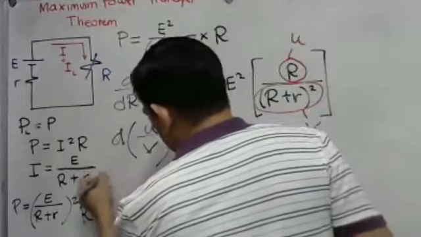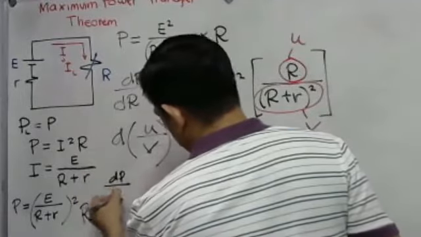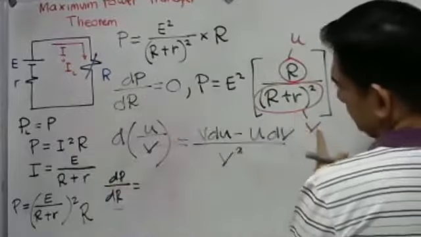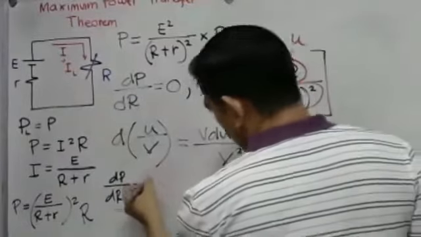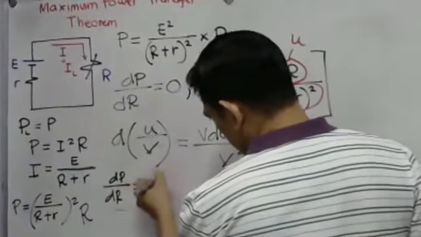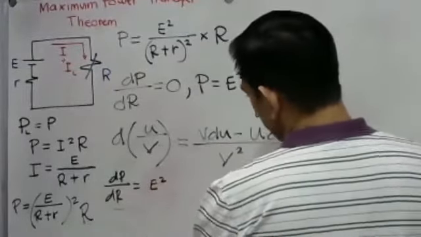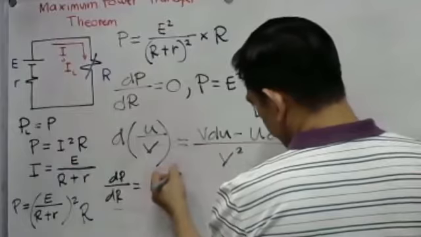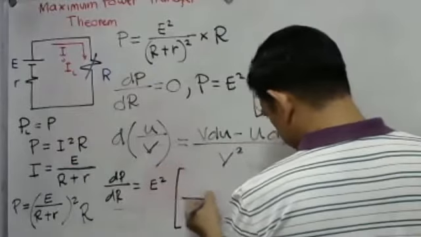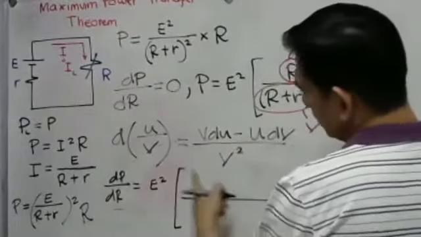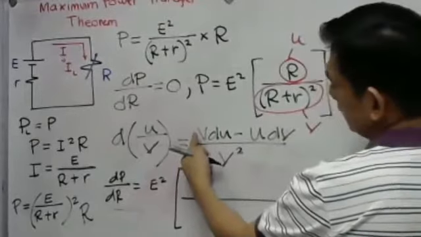So we have the derivative of the power with respect to R. That is equal to, we have a constant, so let us take the constant out. Let us put the E squared outside of the equation. Then we have here, let's put a bracket for the derivative. In our formula, this is equal to v.